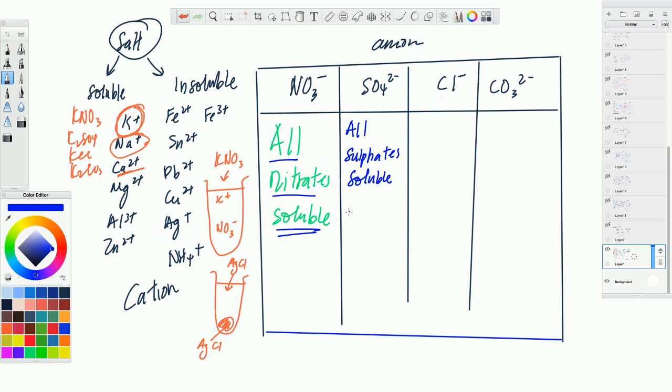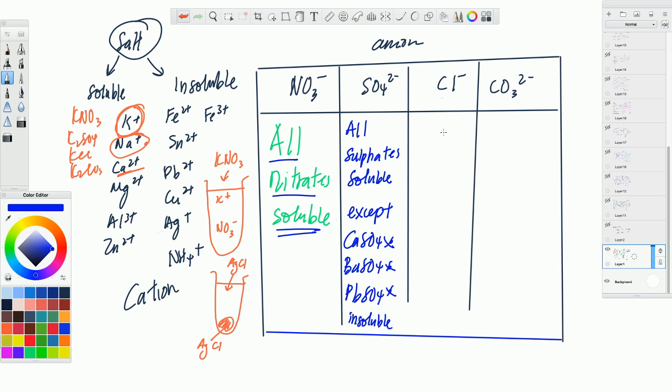However, except calcium sulfate, barium sulfate, lead sulfate. These three are insoluble. Okay, everybody else soluble. These three are insoluble.